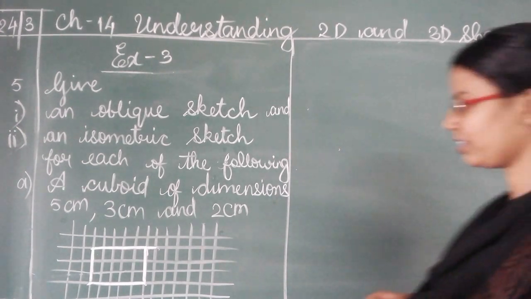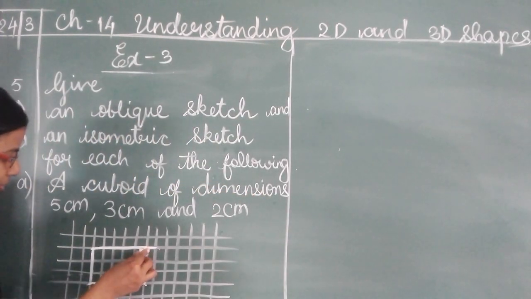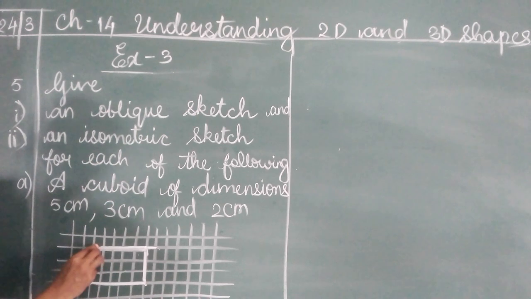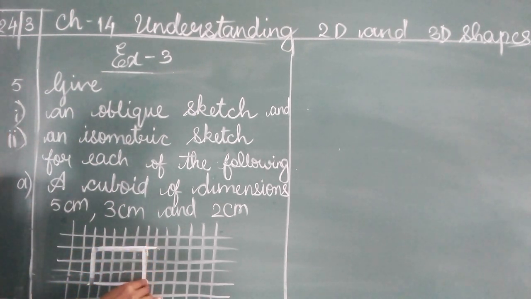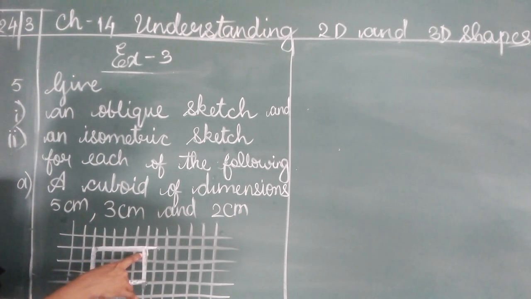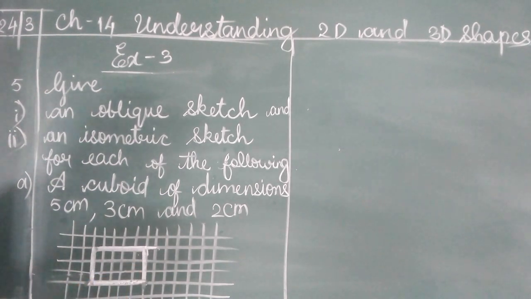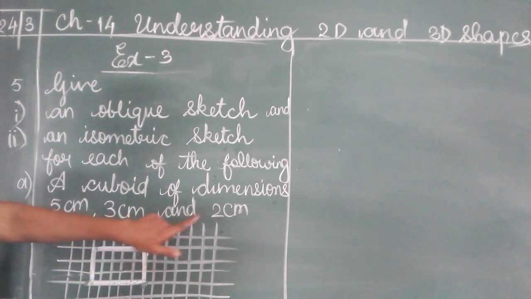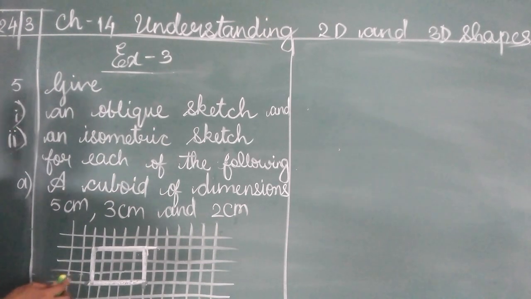So let me shade this so that it's a bit clear. Okay, you don't make this thick. For you to understand, I am drawing this. So this is 1, 2, 3, 4, 5 and 3 is the breadth. Next 2 centimeters is the height.